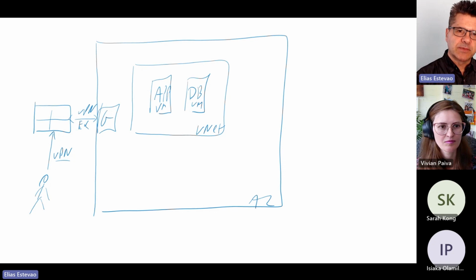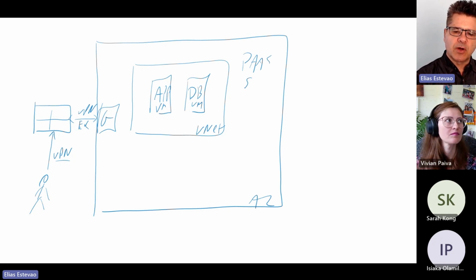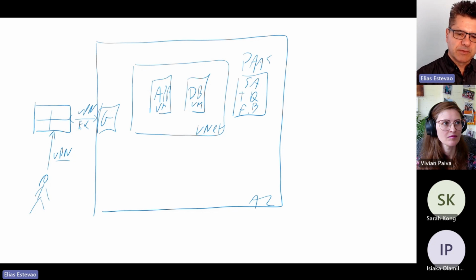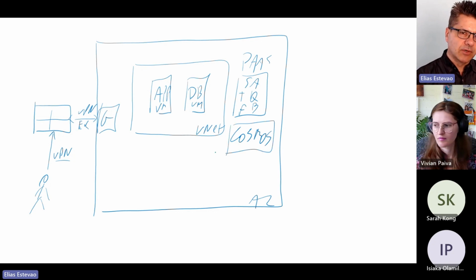Now, remember the disks themselves are PaaS services. PaaS services reside outside the virtual network. So when you talk about your storage account, for example, where you have your tables, your queues, your files, and your blob storage, or let's pick, for example, Cosmos DB, it sits out here outside the virtual network.